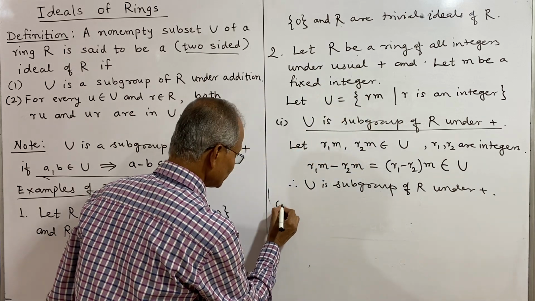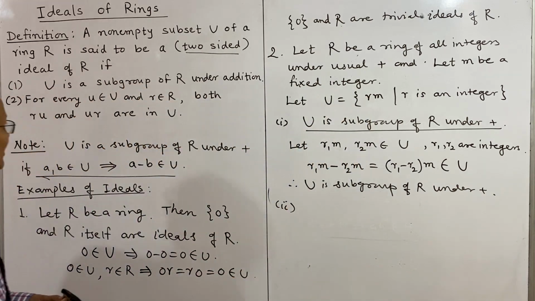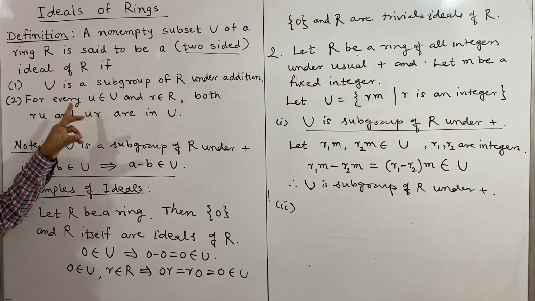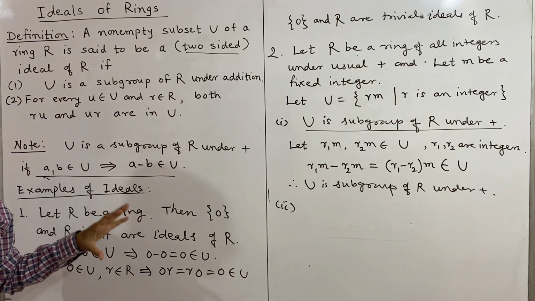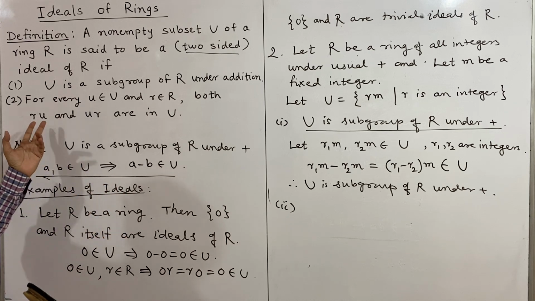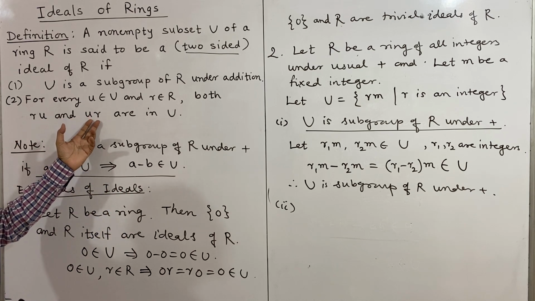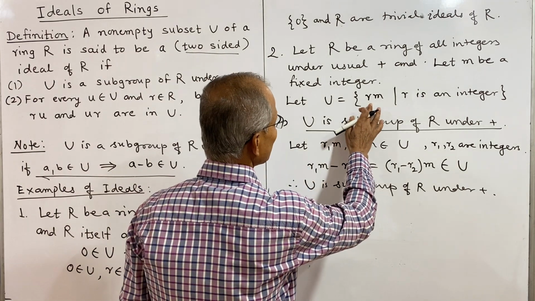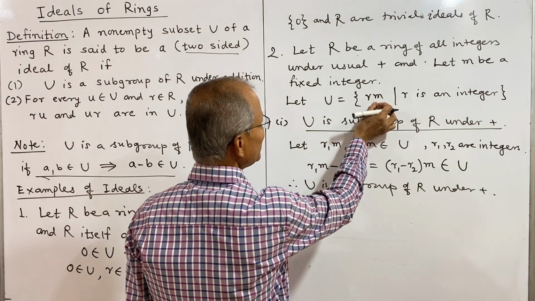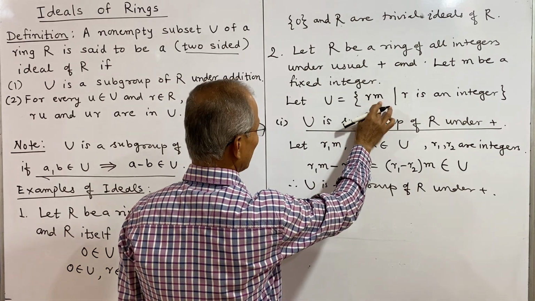Now second, we have to check this condition. Let u belong to U. Take any element of U, any element of R, and show that the products r into u and u into r are again in U. Therefore we shall consider an element in U in the same form, rm.